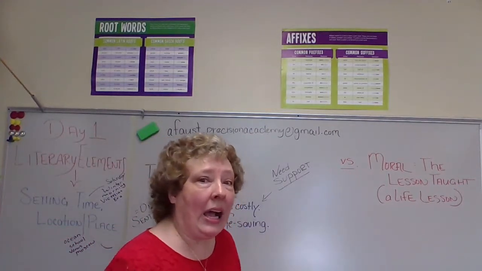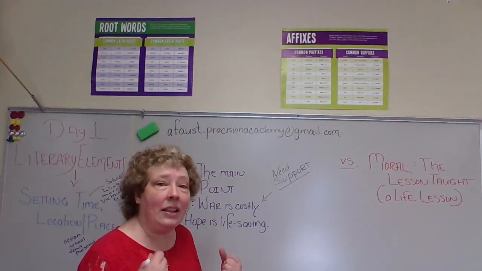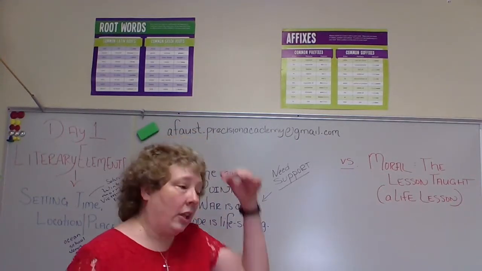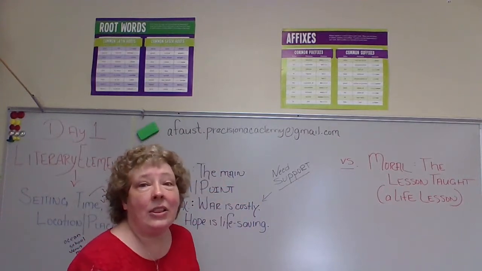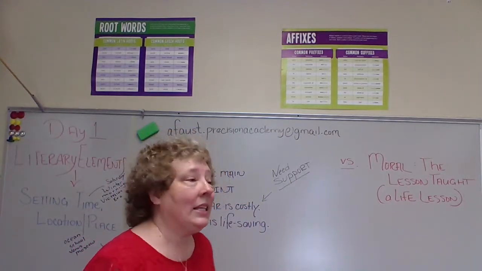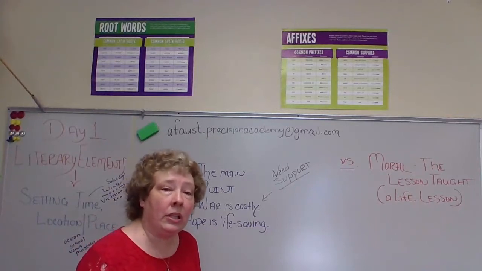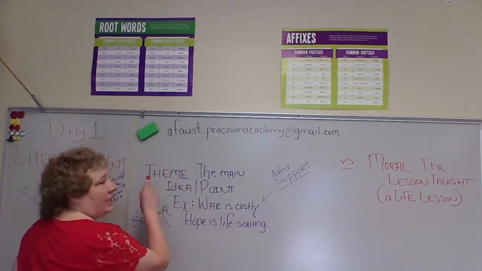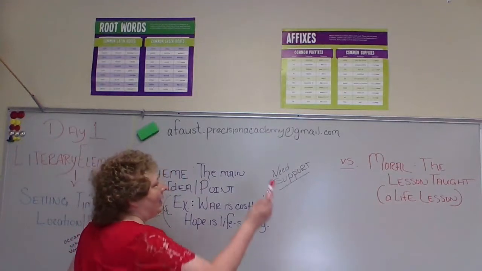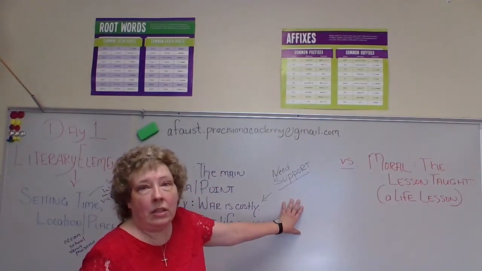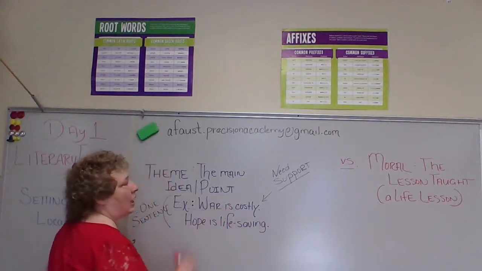And the more you have, the easier it is to find the theme. Now remember, the longer the story is, the longer the novel is, the more themes there will be. Now if you have a poem of 2, 3, 4, 5, 6 lines, it may be a little harder, but you can still find the theme. However, right here, you need support. Don't just tell me war is costly.